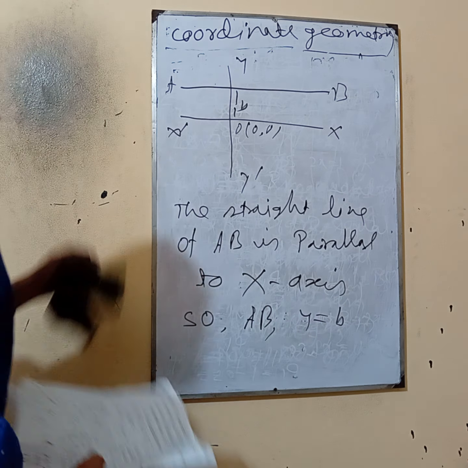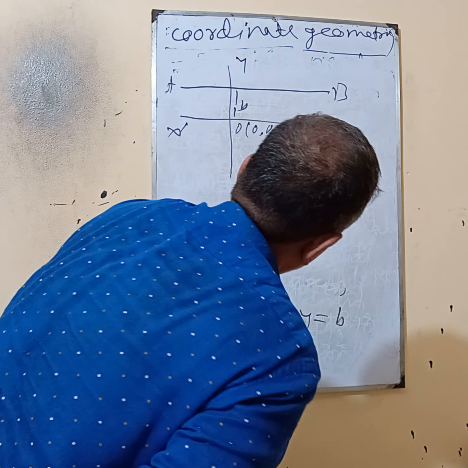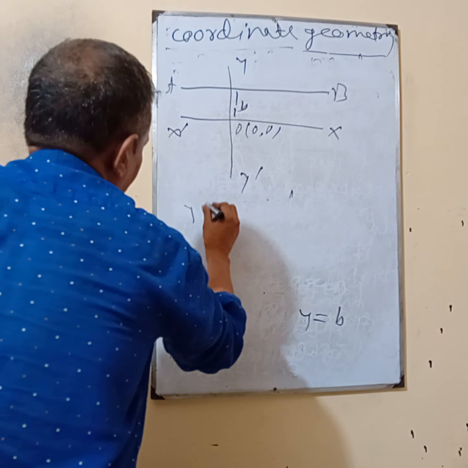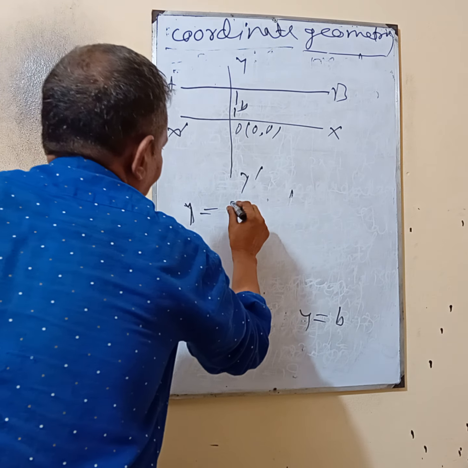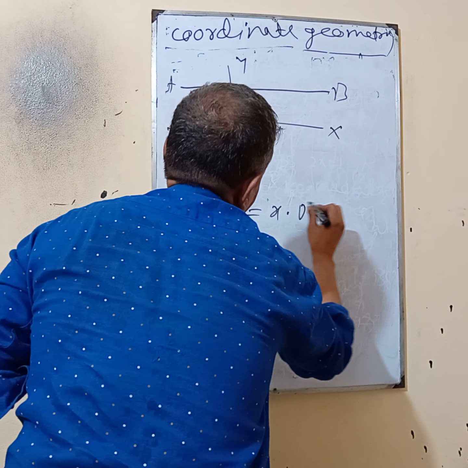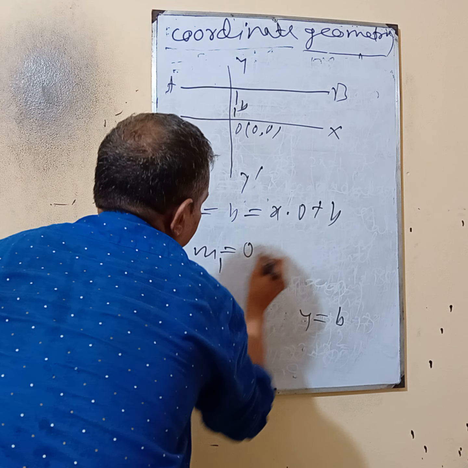Now I have to calculate the slope of AB. Suppose y is equal to b means y is equal to 0 into x plus b. So m is equal to what? m1 is equal to 0.